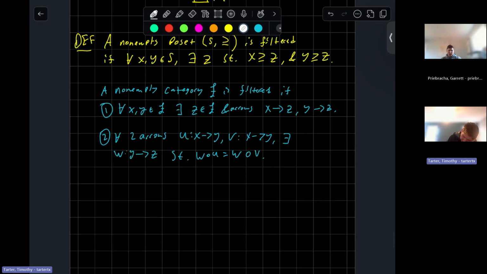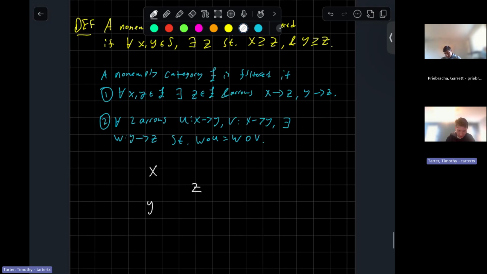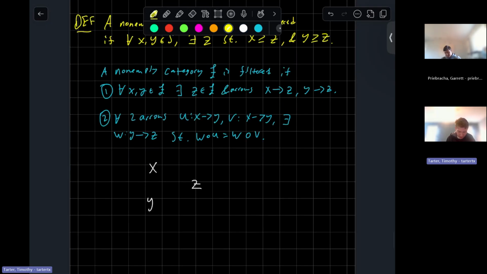And so the picture here is X, Y, Z. If we have two arrows like so, U, V, W has a unique factorization.